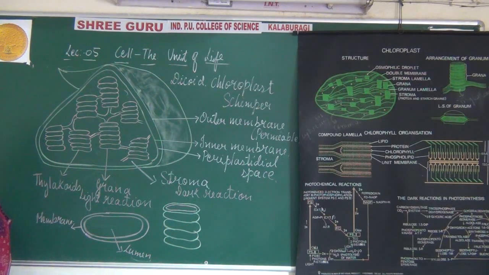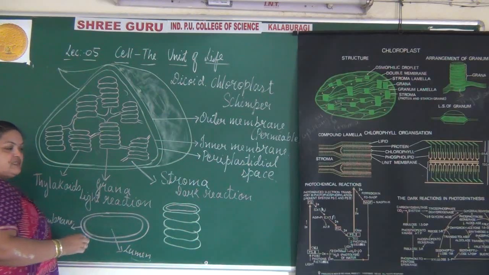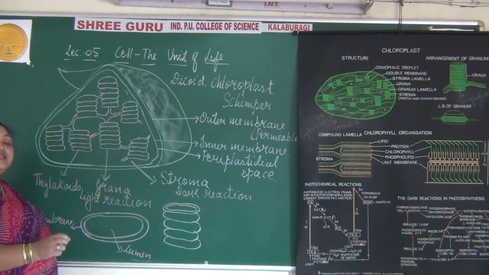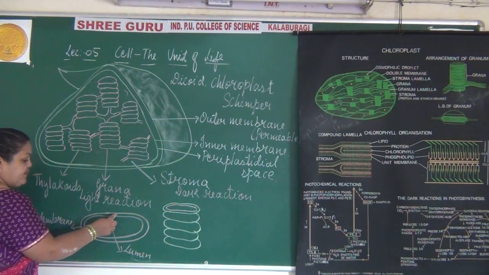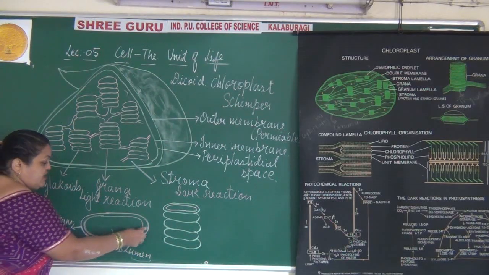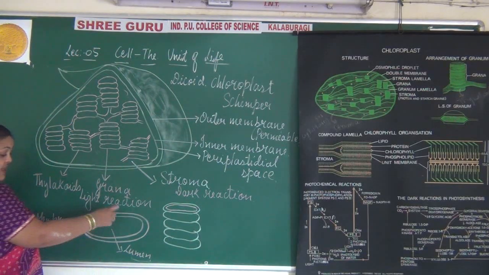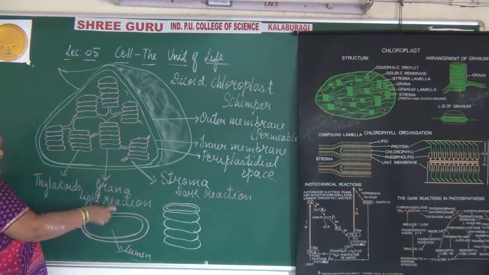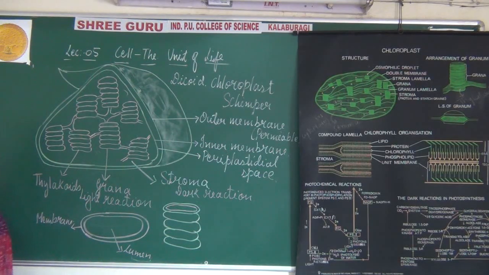In the membrane, they contain the photosynthetic pigments. The photosynthetic pigments, that is the chlorophylls and the carotenoids, are present in the membrane of the thylakoids. And the cavity inside the thylakoid is the lumen.